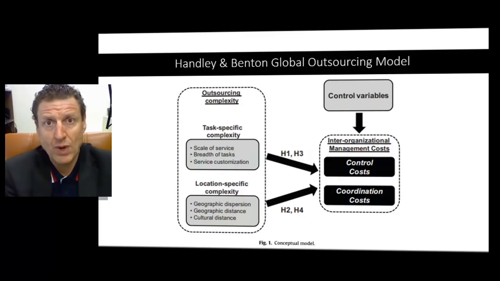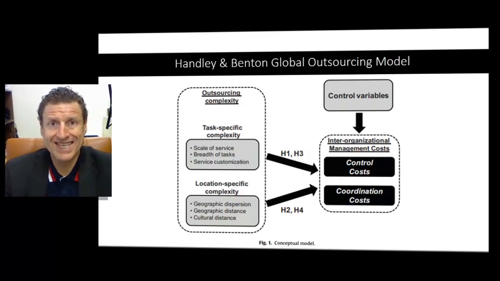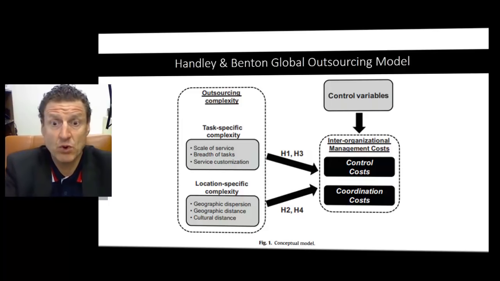So for example, when a bank in the US may outsource its back office services to Asia, or another firm may outsource their secretarial services to another country or to the same country. So we're looking at how distant the service provider is from the service recipient who is outsourcing that service.